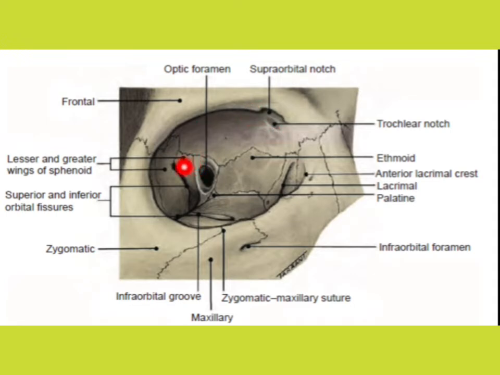You can also see the lesser wing of sphenoid and greater wing of sphenoid, and this is the palatine bone, the optic foramen, here the superior orbital fissure, and this is the trochlear notch. In the trochlear notch, you know that the superior oblique muscle gets turned backward at about a 45-degree angle and is inserted into the sclera.